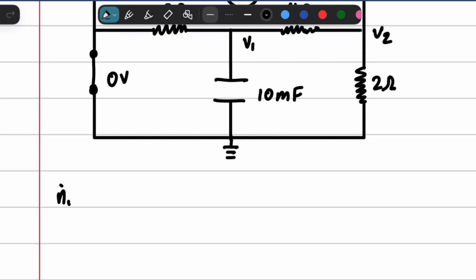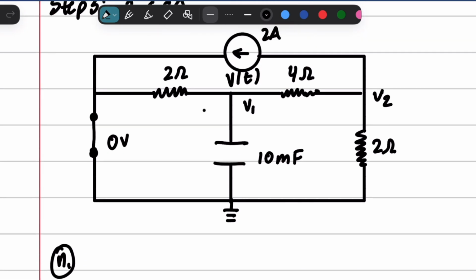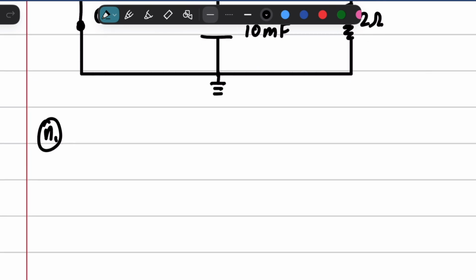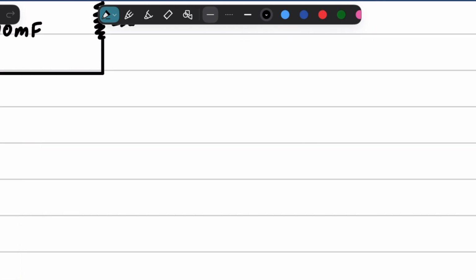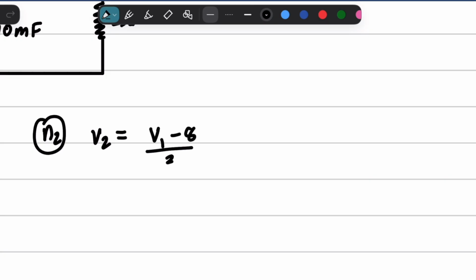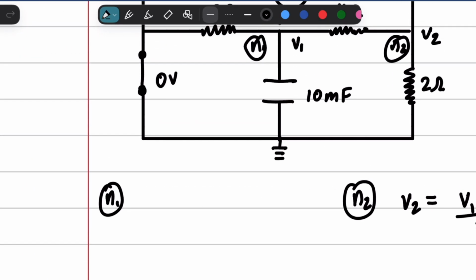So we're going to go ahead and make our nodal equation. We have node 1 right here and node 2. And mind you, V2 still has not been affected by this right here. So instead of actually writing N2 back out again, we can just put our little dependency right here. And we're going to need that once again.